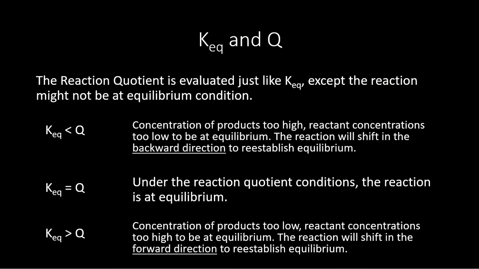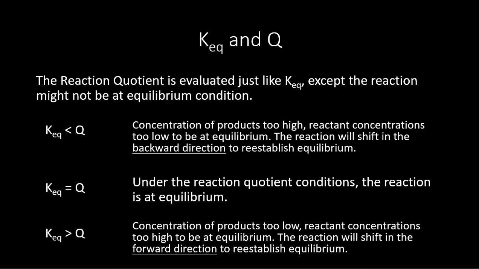And when it comes to the reaction quotient and KEQ, here's something that you can infer. If the concentrations that all your species are at give a reaction quotient that is larger than the equilibrium constant, that essentially means that there's too high a concentration of products and too low a concentration of reactants to be at equilibrium.